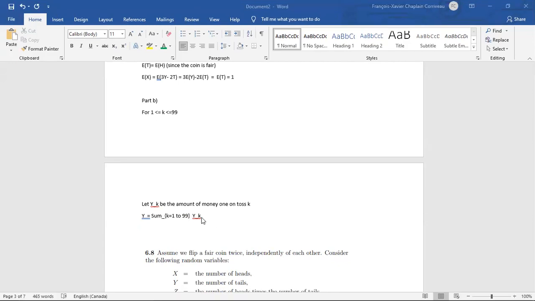So now, what is the idea? Again, I can use linearity of expectation. I want to compute this thing, and by linearity of expectation, this is equal to the sum of these expected values.